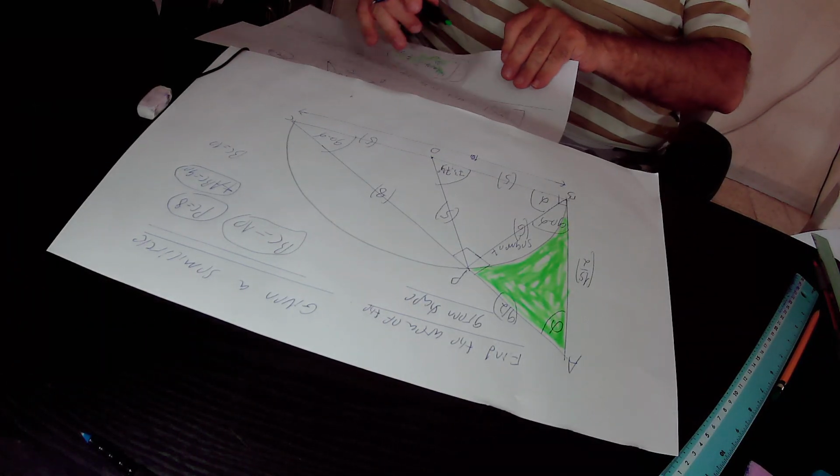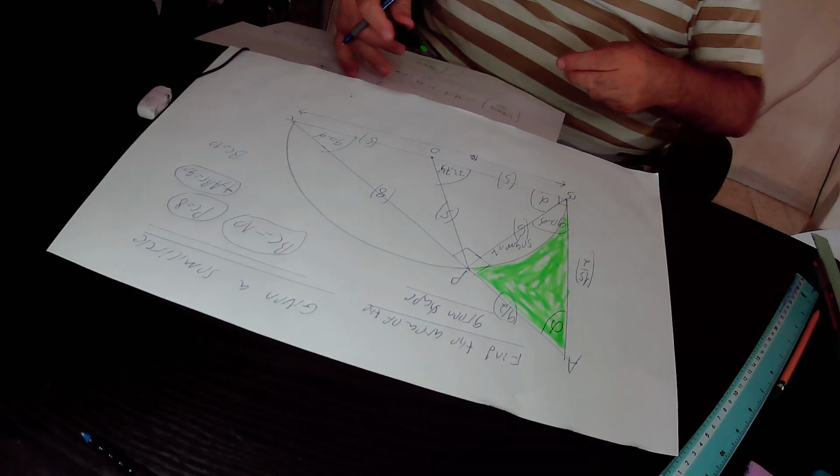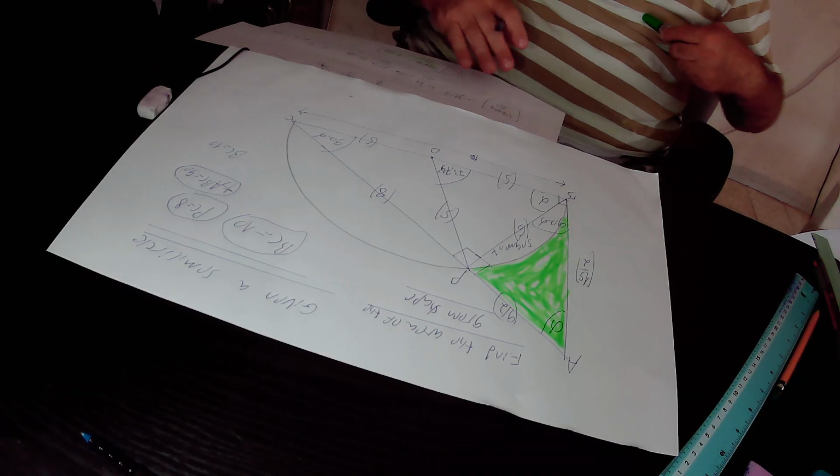Our task is to find out the area of this green shape. What is the area of the green shape?